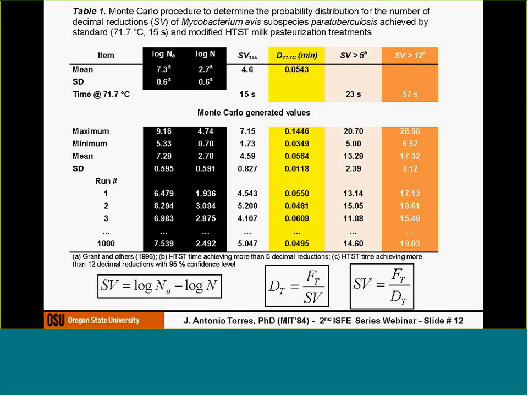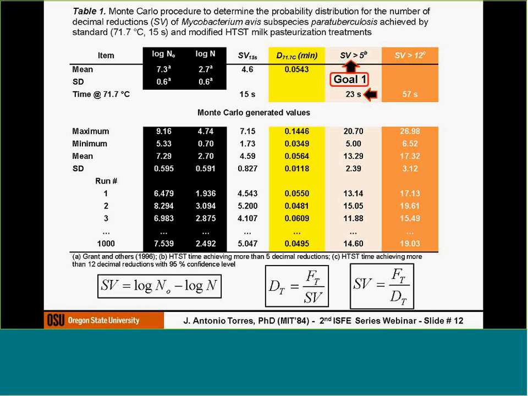Which goals do we have for this V? A goal could be that I want to be sure that at least 5 decimal reductions will be achieved, so SD must be larger than 5.